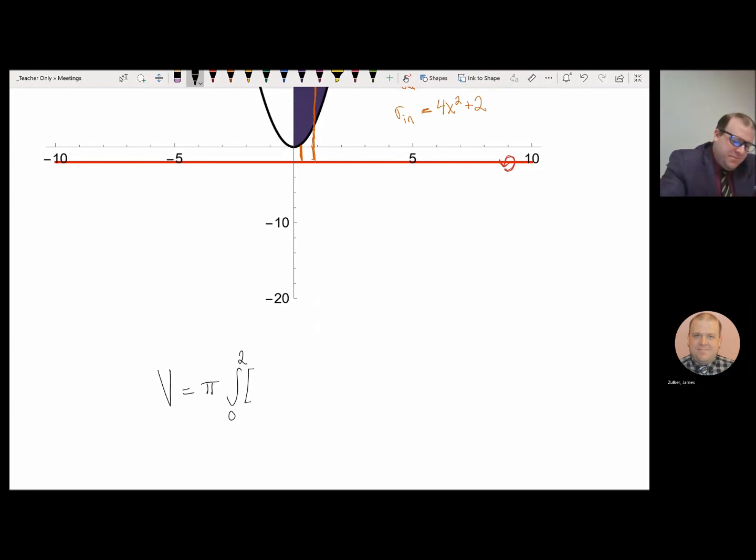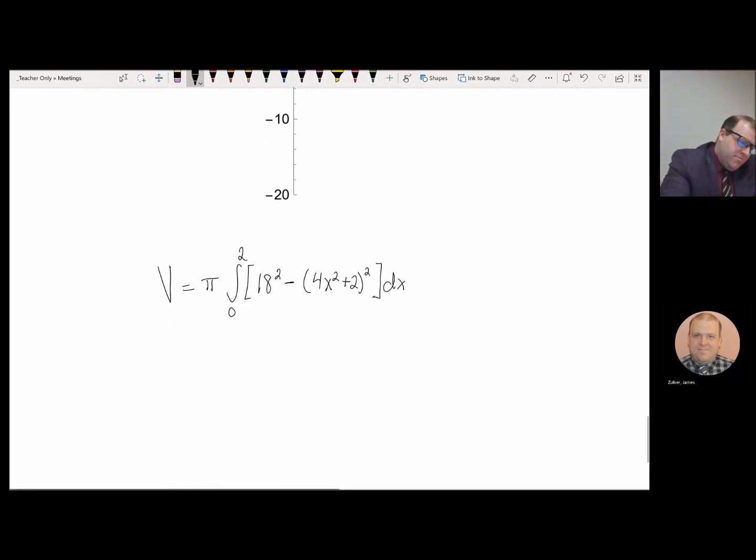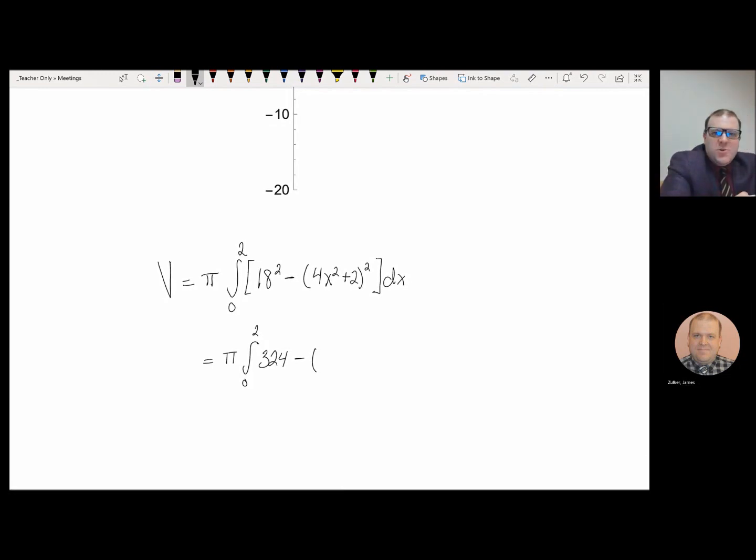Square of the outer radius minus square of the inner radius. 18 squared minus 4x squared plus 2, all squared.